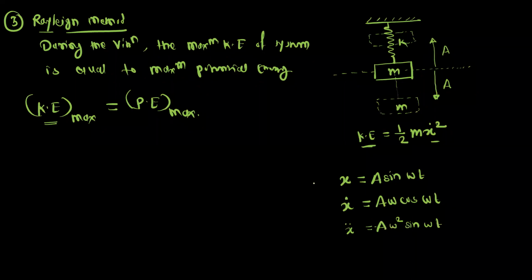Okay. So this is displacement, this is velocity, and this is acceleration. Okay. So at which point in this oscillation we will have the maximum velocity? Okay. So maximum velocity is possible only at the mean position.